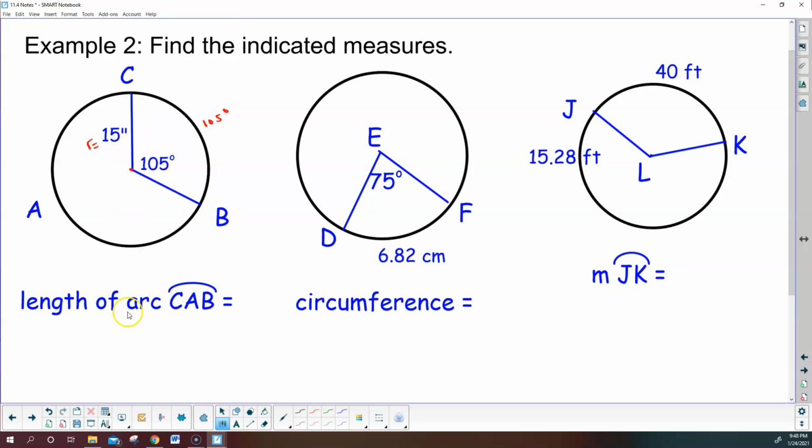And then I have to find the indicated measures. They want me to find the length of the arc CAB. That's a major arc, so I want to go from C through A all the way to B, and I have to find that length. Well, wait a minute. If this is 105, 360 minus 105 gives me 255. I'll put it down here.